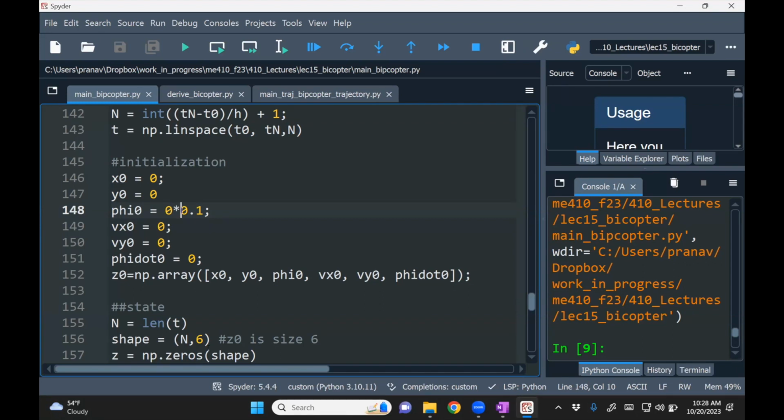So there's a question: how do you control a device using this? Well, in a device, you can only control the thrust. You can control the speed of the motors. The speed of the motors is coupled with the thrust force, and you need to identify how the speed of the motors relates to the thrust force. And you can do simple experiments: you'll keep the quadcopter in the air, spin the motors, and identify what thrust it generates.